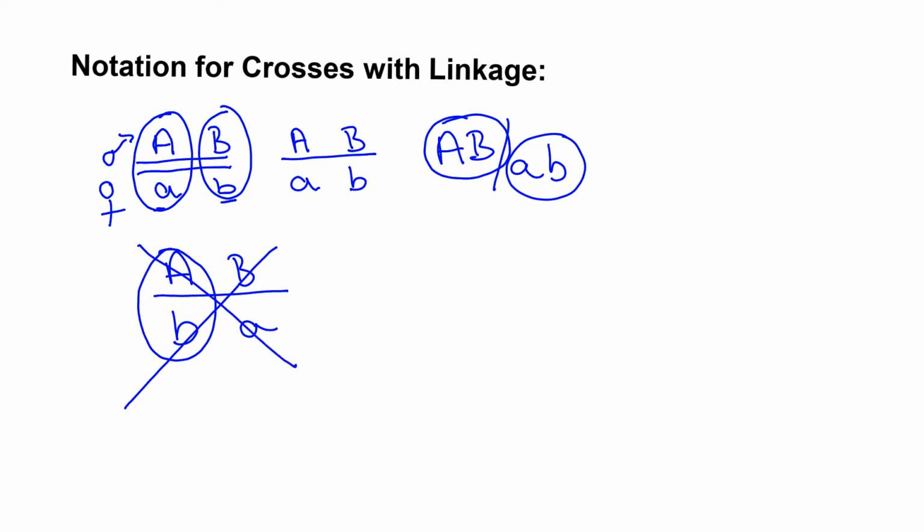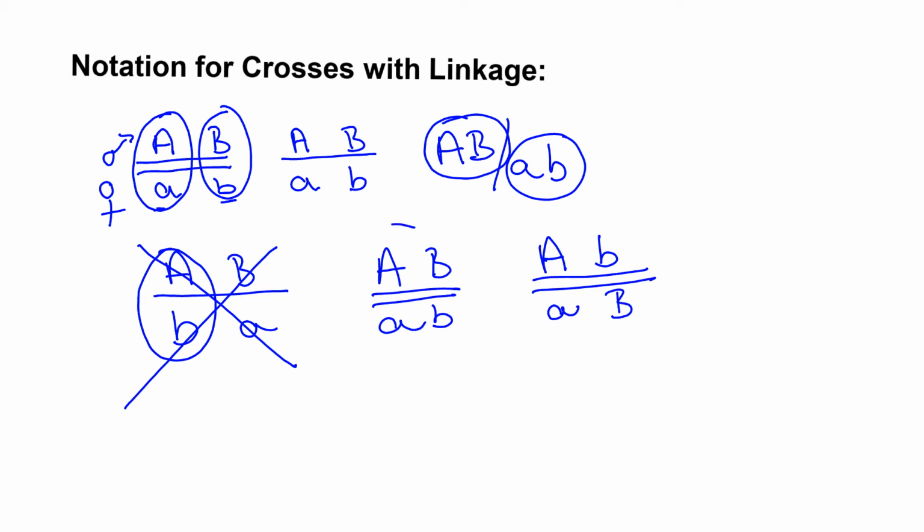Now, why is the arrangement of the genes on the chromosome important? Let's consider gene A and B with two different arrangements. In one arrangement you have dominant alleles on one chromosome and recessive on another. In the second arrangement, one chromosome carries dominant A, recessive B, and the second one carries recessive A and dominant B. If you look phenotypically, these two individuals both have wild type or dominant phenotype.